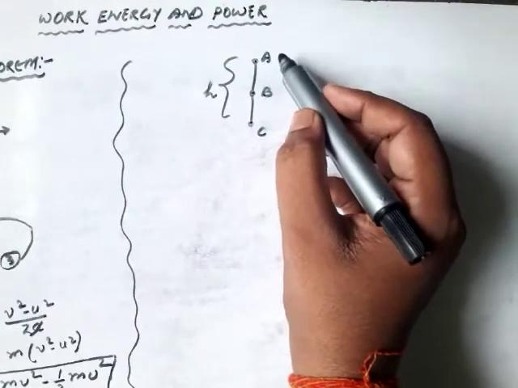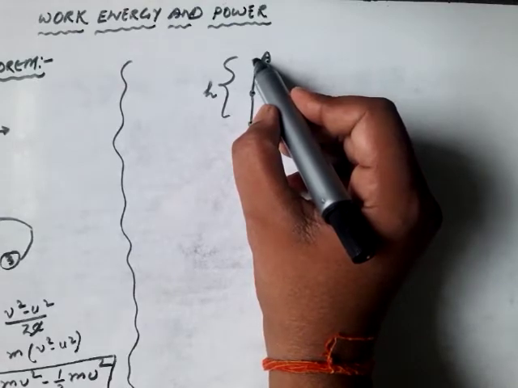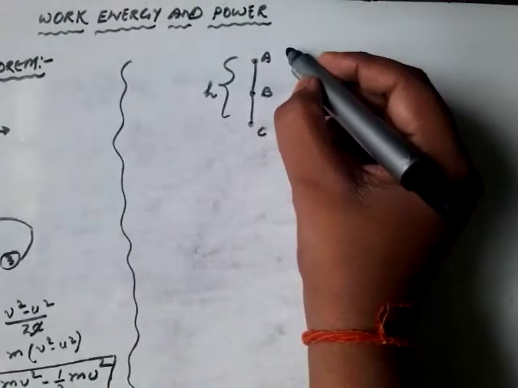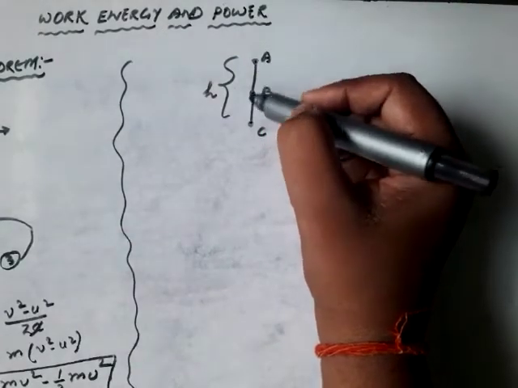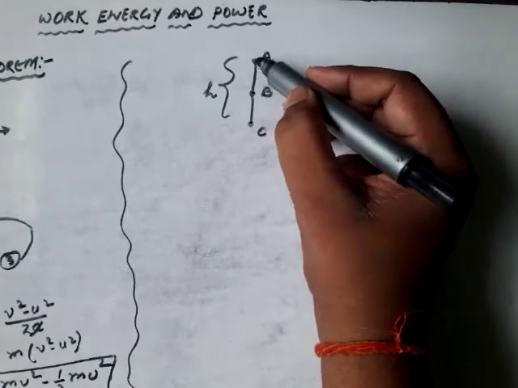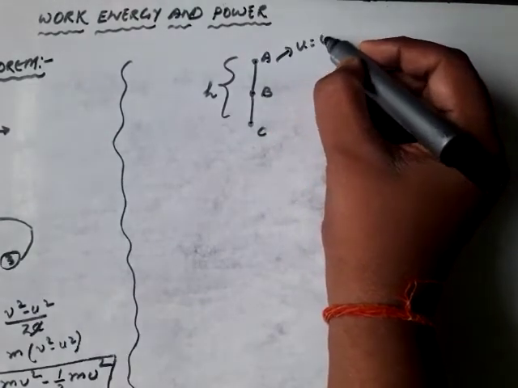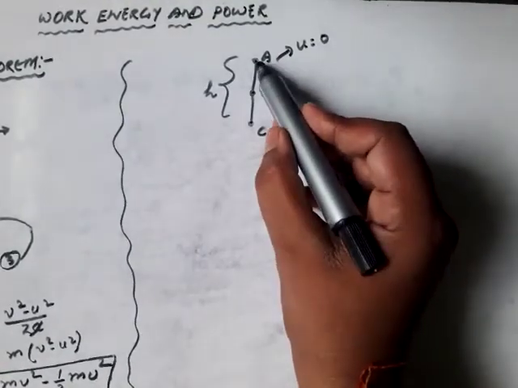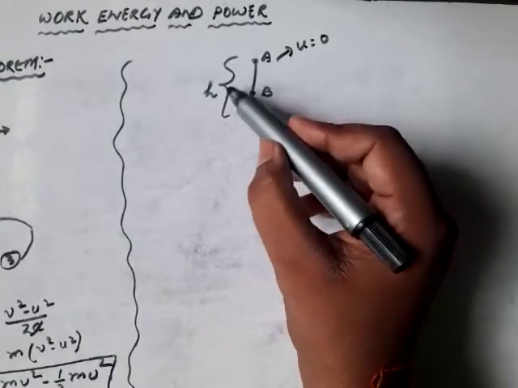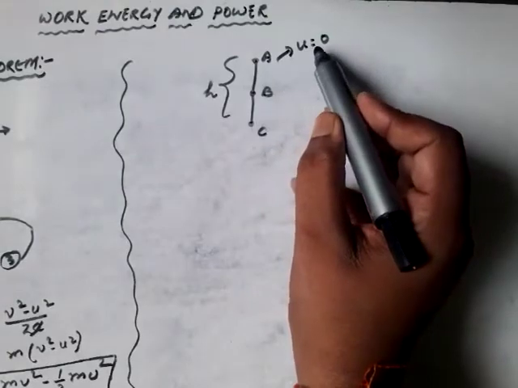So at the highest point, its initial velocity will be, when it is falling freely under gravity toward the center of the earth, at this point the initial velocity will be 0. If the initial velocity is 0 at point A, when it is at a height h or a displacement h from the ground, the initial velocity will be 0.